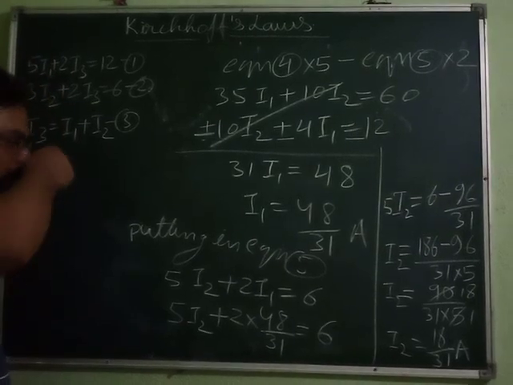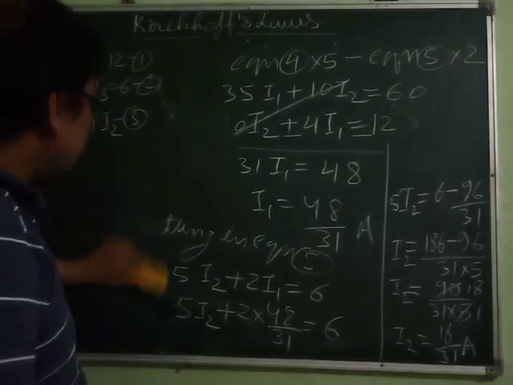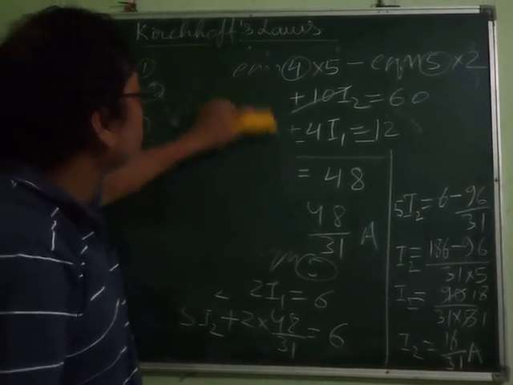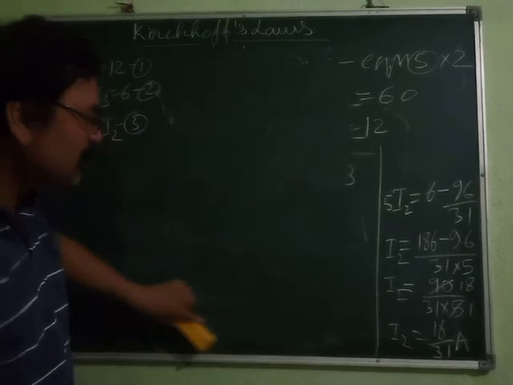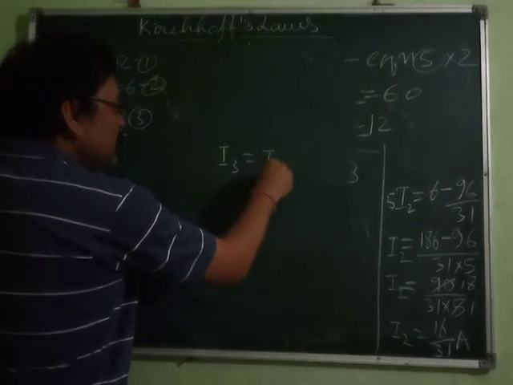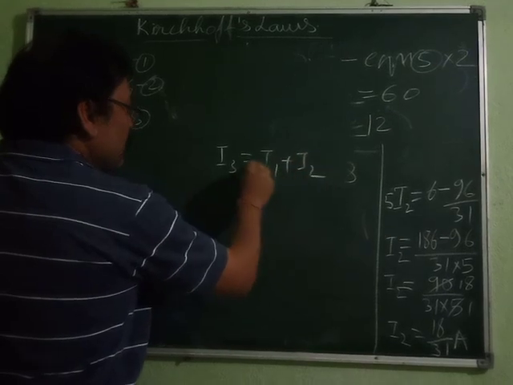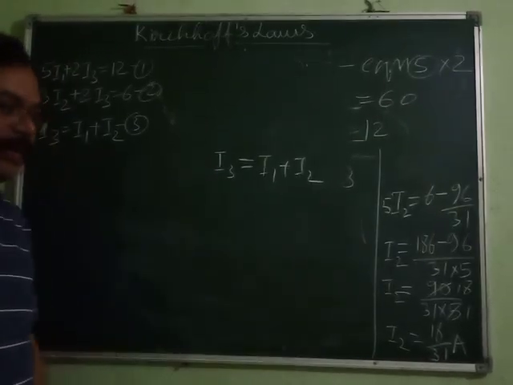Now we want I3. So for I3, again let me rub this so that we can get I3. We know that I3 is equal to I1 plus I2. Now what was I1?